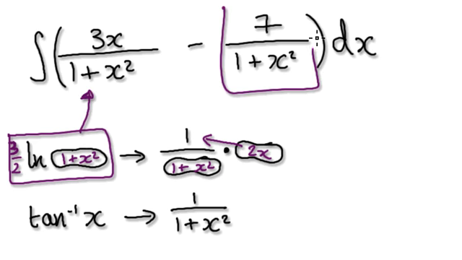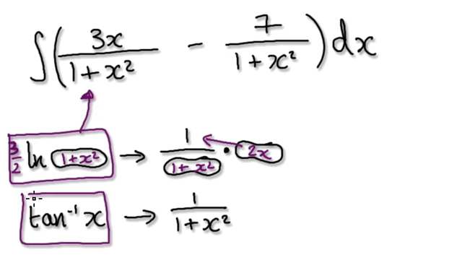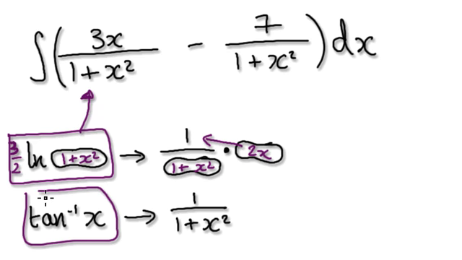Now looking at this, if you differentiate the inverse of tan, it will give you this. But the thing is, we don't want the 1, we want the 7. So make the adjustment on our initial guess. Our initial guess was this here.